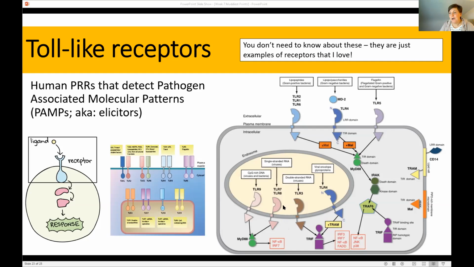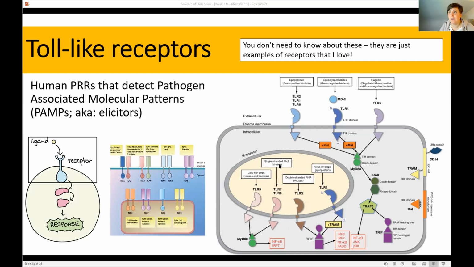But notably, what these detect is, this is a little confusing, CpG-rich DNA, which is structurally more associated with viruses and bacteria. We won't go that much into depth. But I do want to mention that you have intracellular receptors that detect viral RNA. So they're able to tell the difference between your RNA and viral RNA.